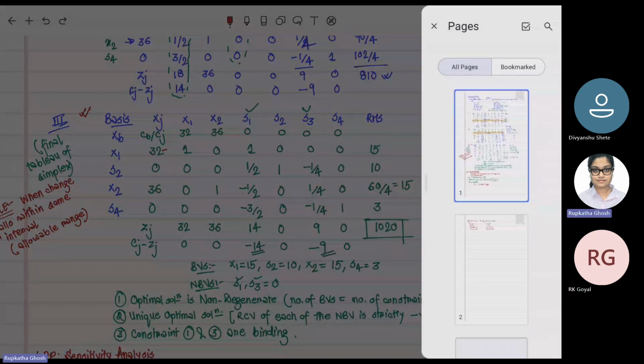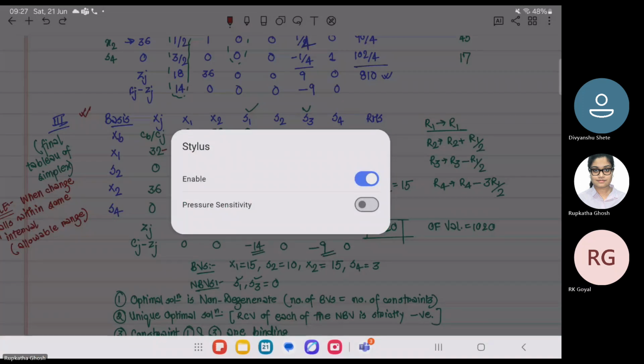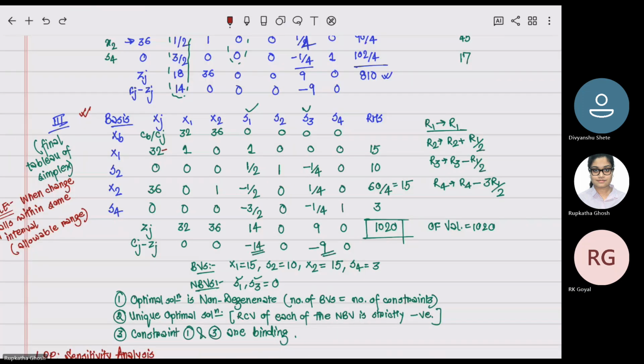Oh, just pages. Yeah, there is nothing I can do. Simply select the region through your stylus and then right click on it and see if it works. Nothing can be done. It is not responding.